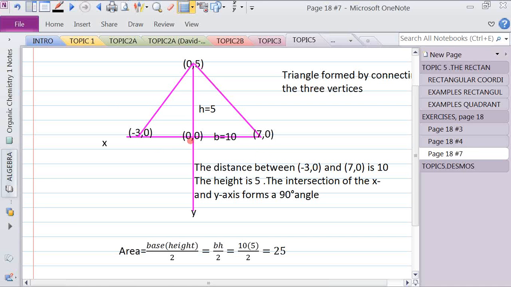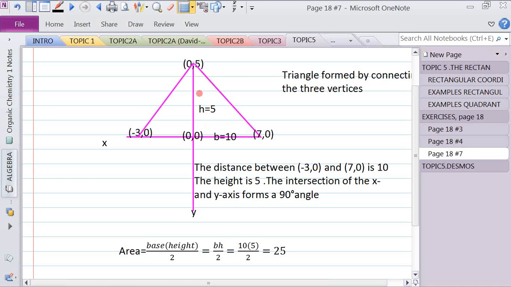Now, that gives me my base. My height is formed as a right angle right here. This line is at right angles to this because one is the x-axis and this is the y-axis, and we know those form a right angle there, a 90-degree angle.